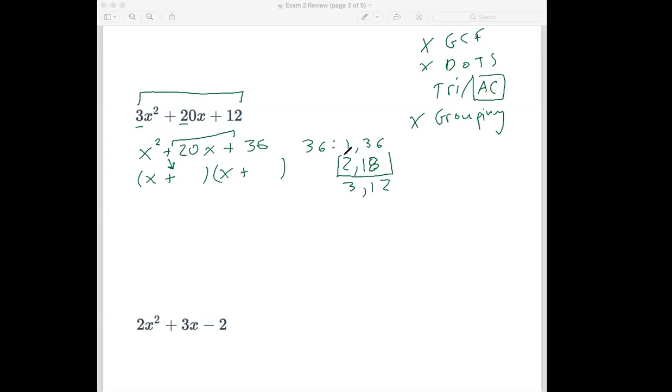So 2 and 18 are going to add up to 20. So we put a 2 here, an 18 here.